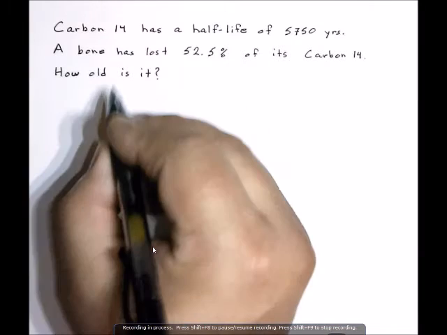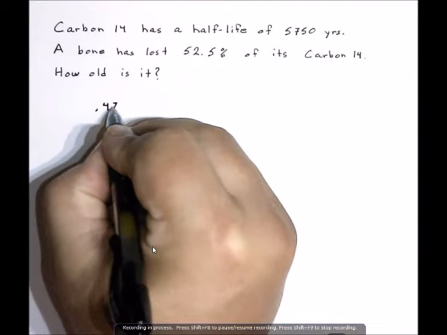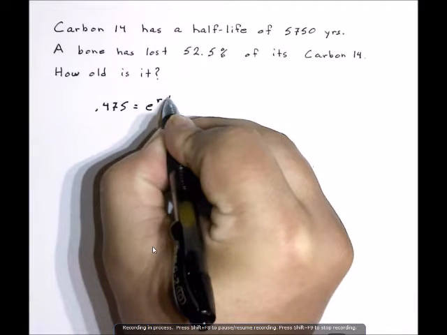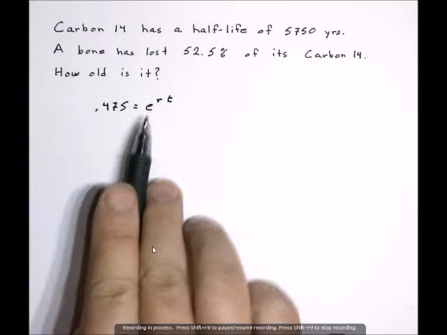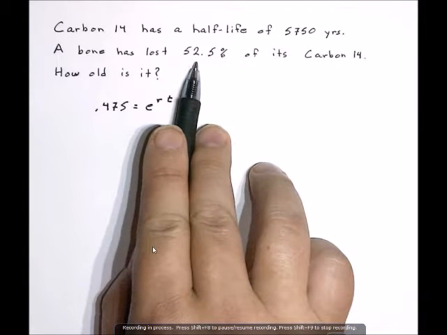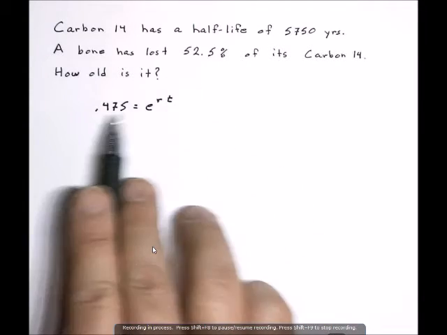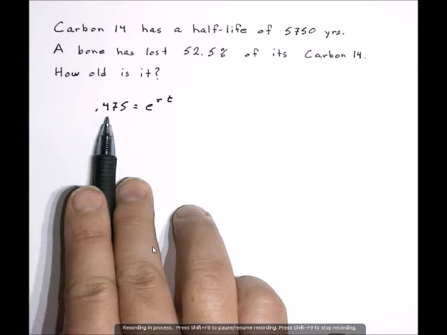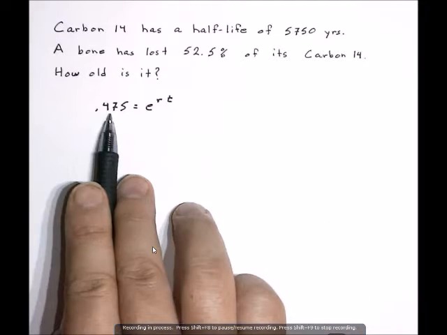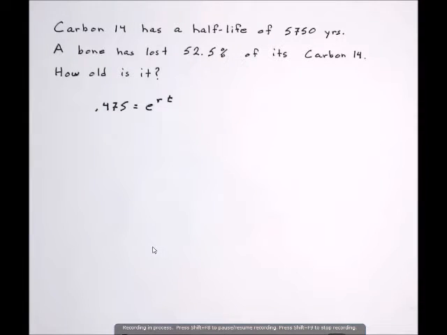And just like the half-life, I'm not going to worry about the initial amount. What I know is if I lost 52.5%, I have 47.5% left, and written as a decimal, that's 0.475. So just subtract 0.525 from 1, get the amount that's left, and solve that equation.